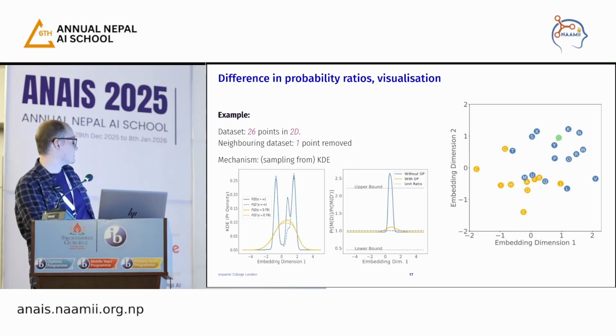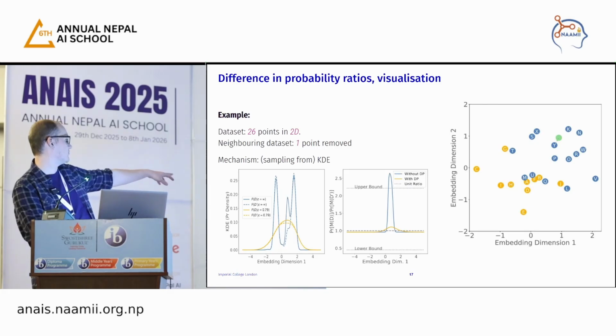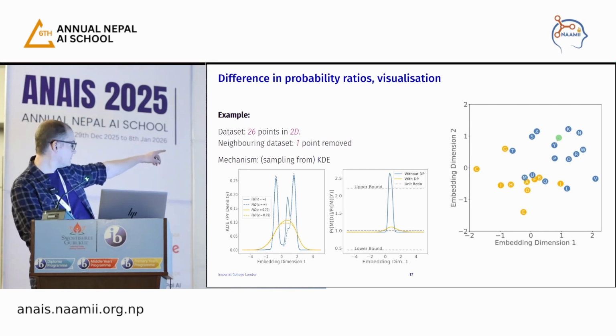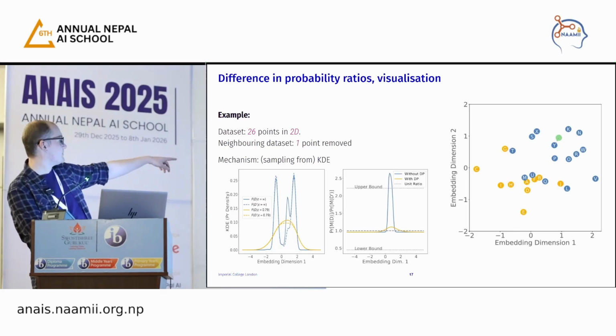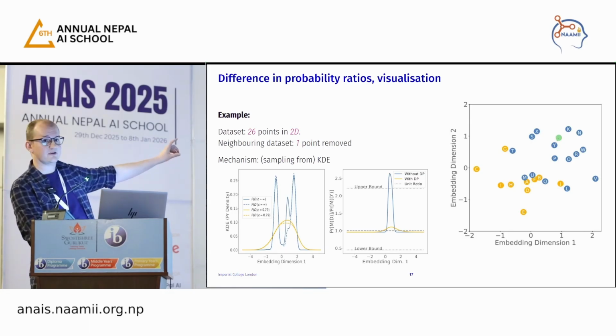So if you look at the right-hand side, the differential privacy bound of 0.97 gives you an upper bound here and a lower bound here, and we can see that obviously the ratio, so if we divide the blue line by the blue dotted line at each point in the interval, we get a big spike here because the blue line goes much higher than the blue dotted line. So we have a spike here in the differences, and this violates the differential privacy bound.